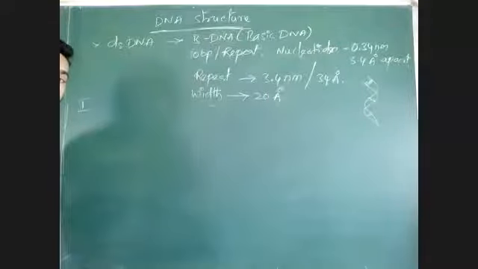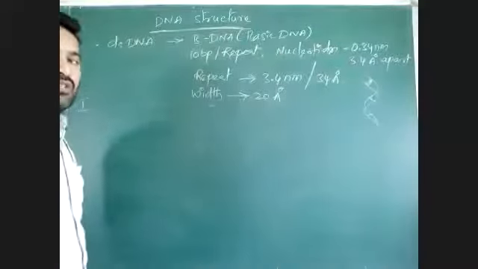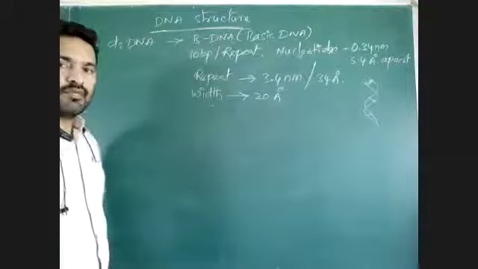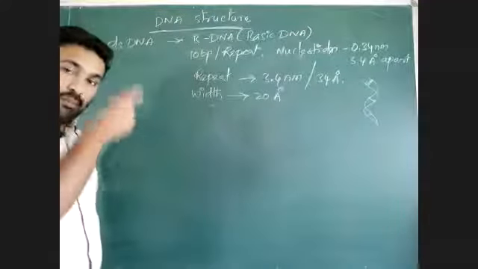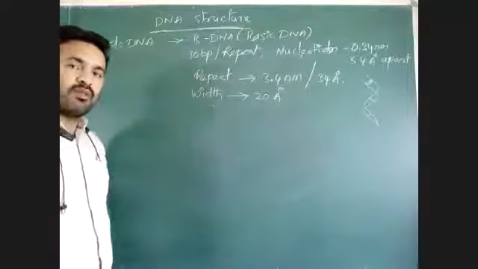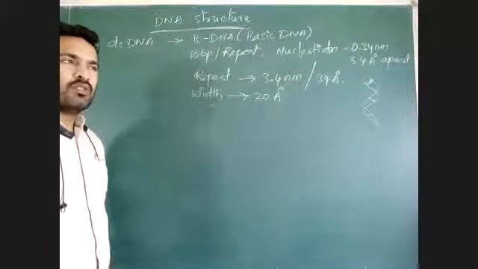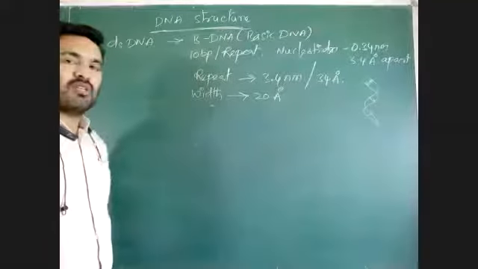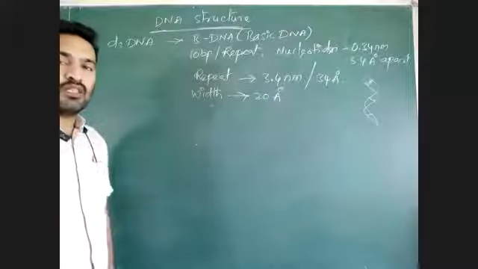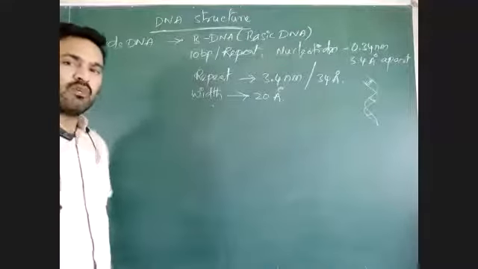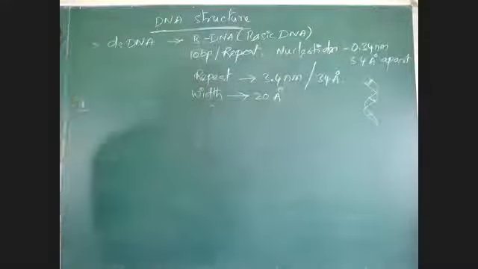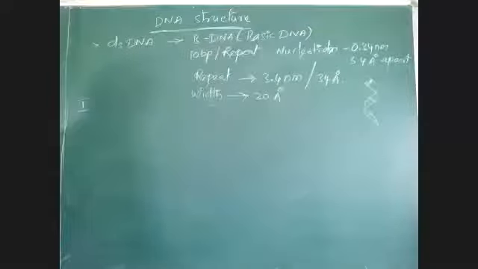From the molecular basis of inheritance, you can expect at least 3 questions in NEET. In the biomolecules also 2 to 3 questions. So from biomolecules and the molecular basis of inheritance, 5 questions are possible. In those 5, 1 or 2 questions will be possible on DNA data related problems.